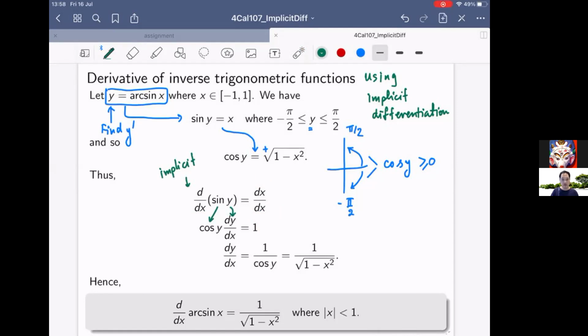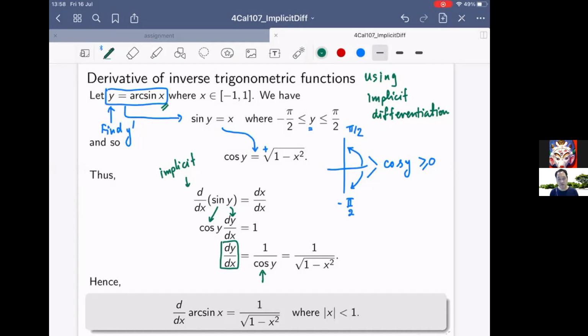If you want to solve for dy by dx, you simply move the cosine from multiplication into division. However, we want it in terms of x, because the function at the beginning depends on x alone.